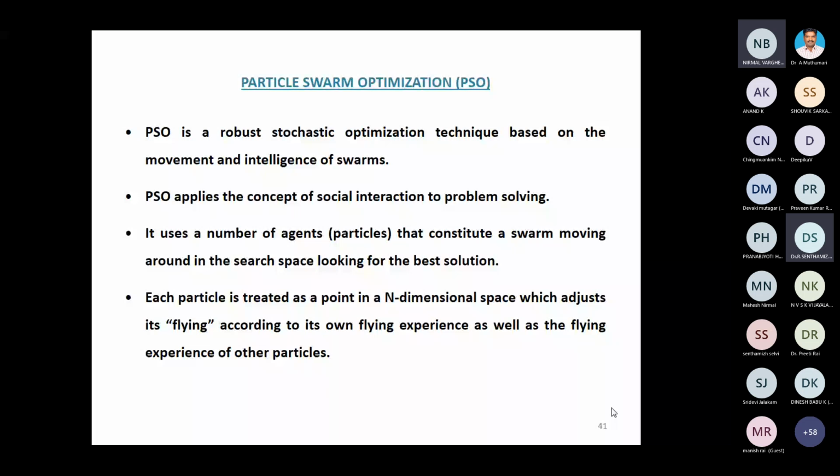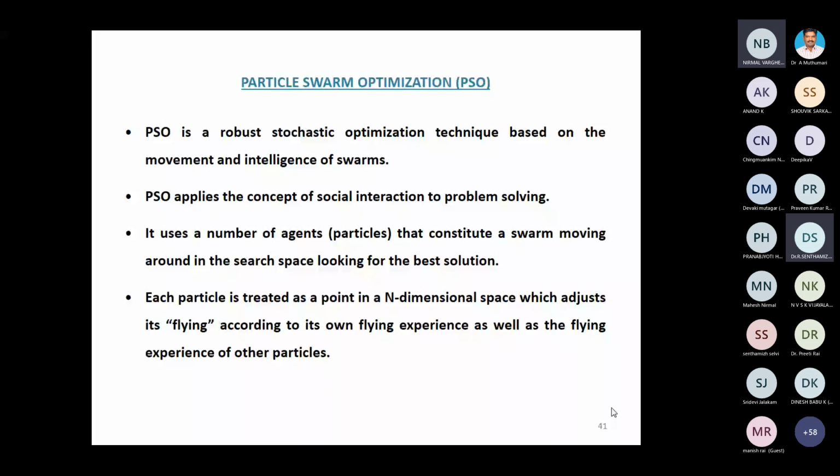It's a chemical liquid. By smelling the pheromone liquid only, all the ants are able to follow the other ants during their search for food. The same way, if I want to apply this ant colony optimization in our real-time work.